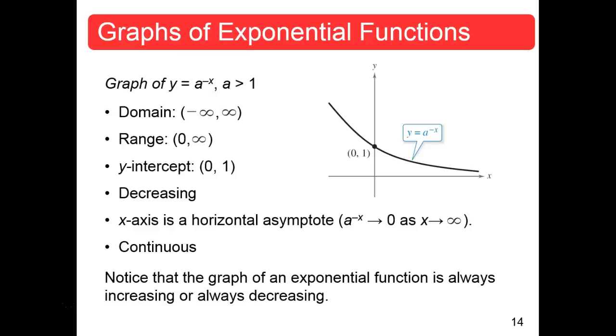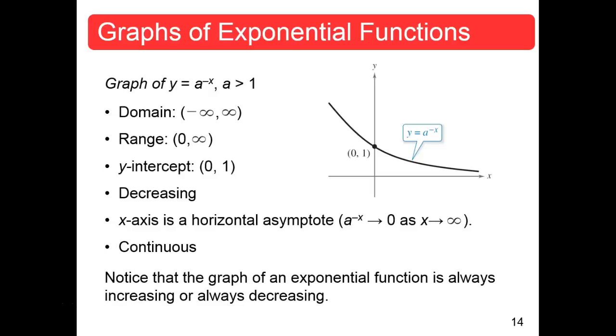It's always a strictly decreasing function, meaning it's also one-to-one, which means it has an inverse, exactly. Does it have a vertical asymptote? How about the horizontal asymptote? Yes, y equals 0 in the positive direction. The x-axis is that. And it's also continuous and what else? Smooth.